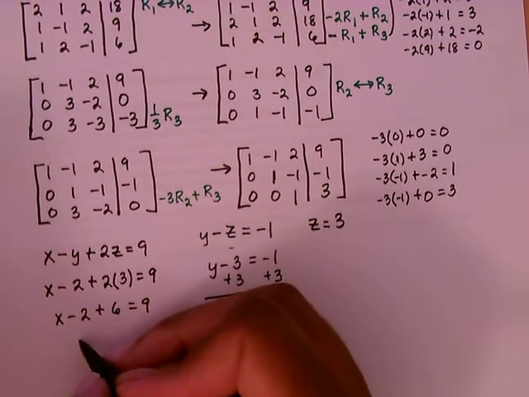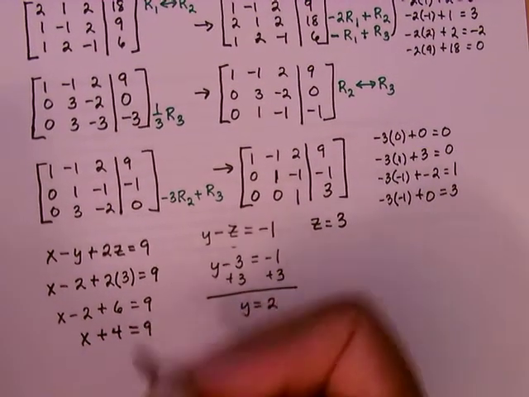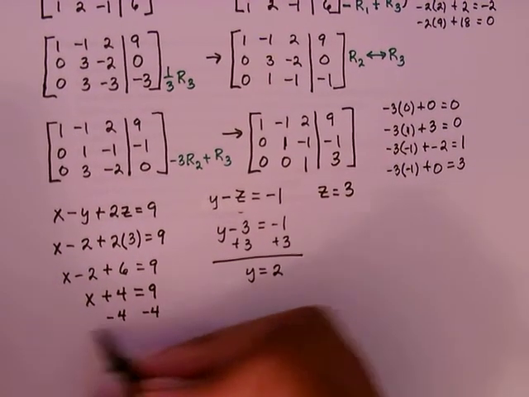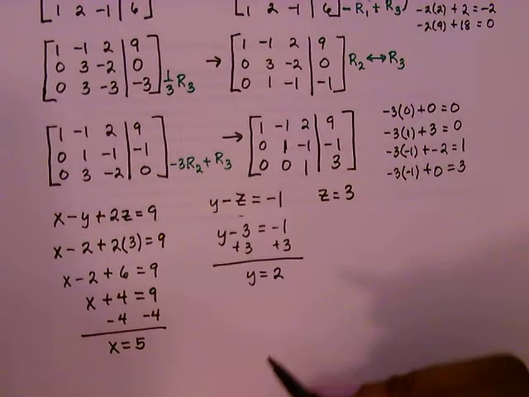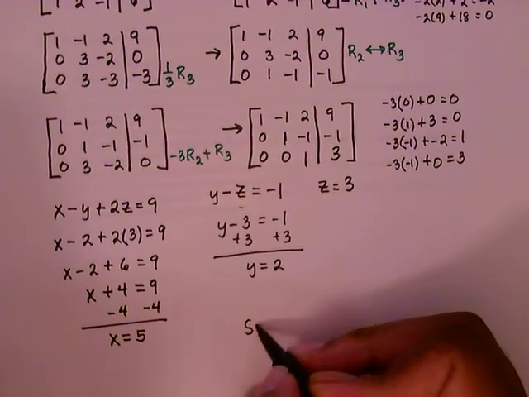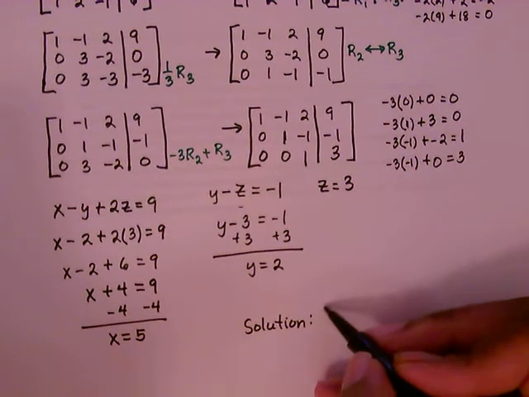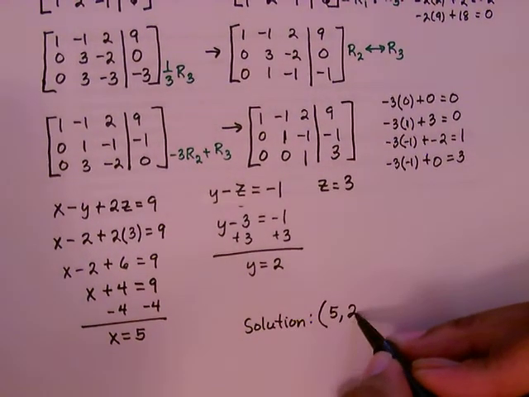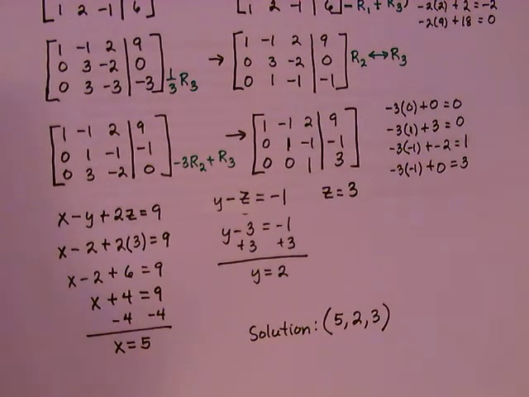Now, minus 2 plus 6 is going to be 4, so it'll be x plus 4 is equal to 9. And then we're going to subtract 4 on both sides. That means x is equal to 5. Okay, so we have our x, our y, and our z. So the solution to that system of linear equations is the ordered triple 5, 2, and 3.